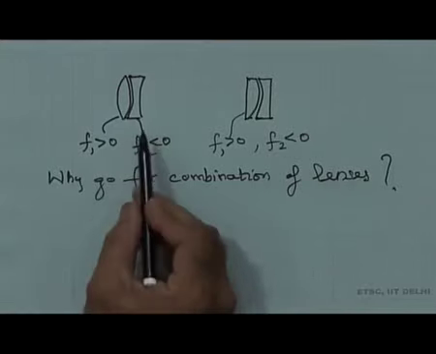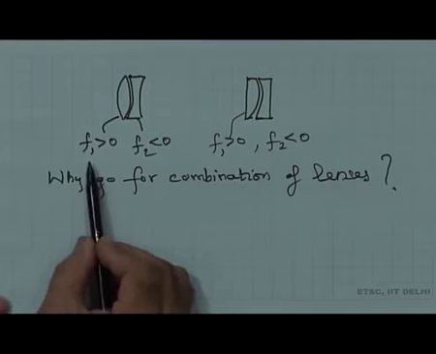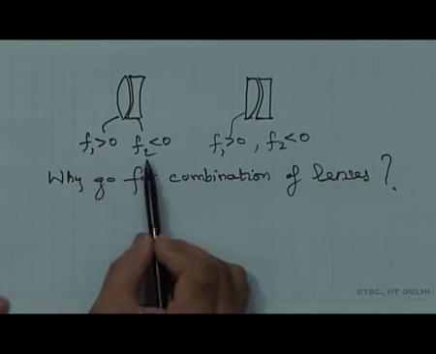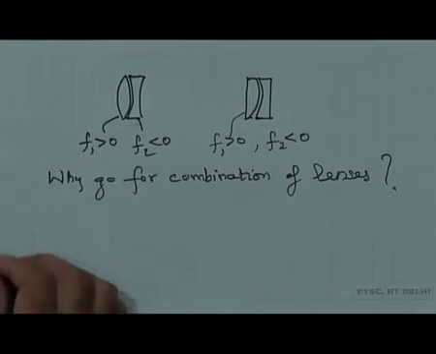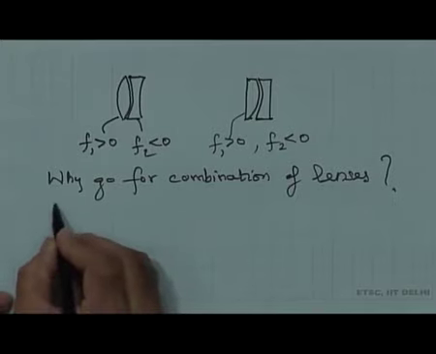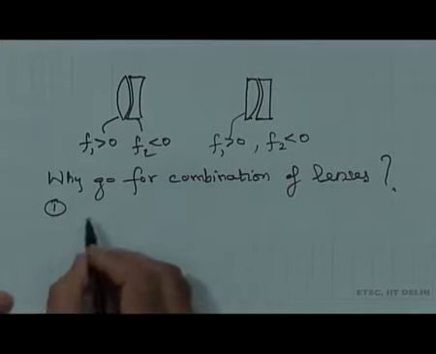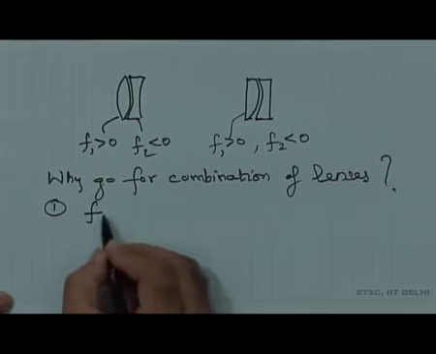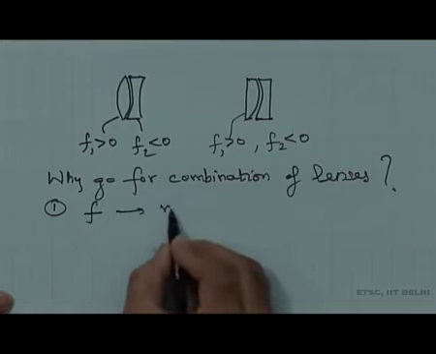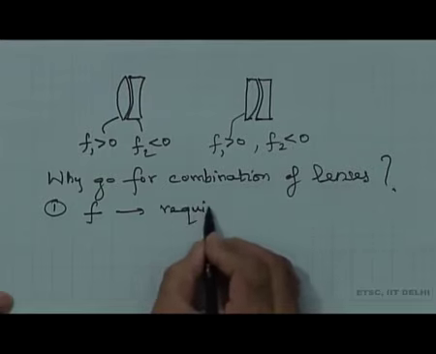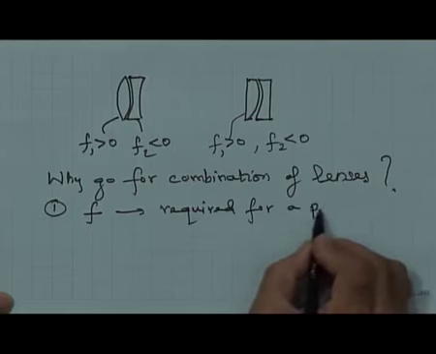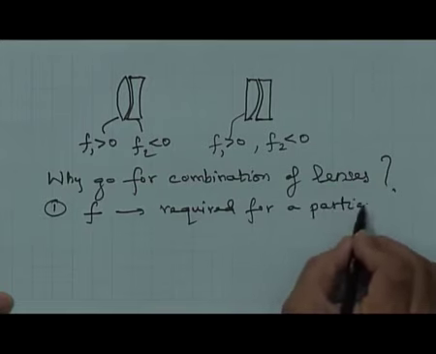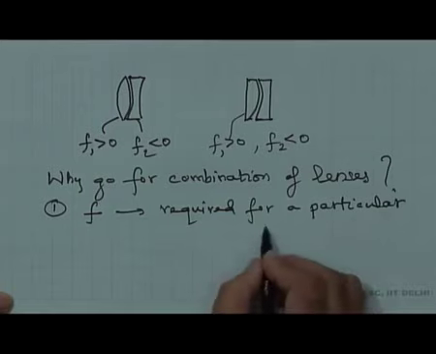One of the reasons, we will see, is that you have a lens of focal length f1 and a lens of focal length f2. It could be both convex, or both concave, or one convex and one concave. Then it is possible to obtain an f which is required for a particular application.